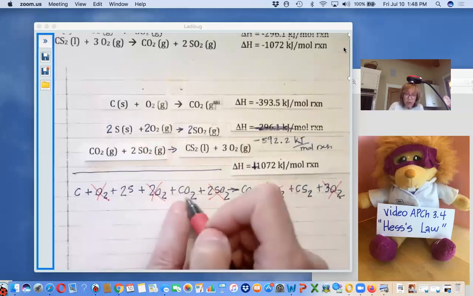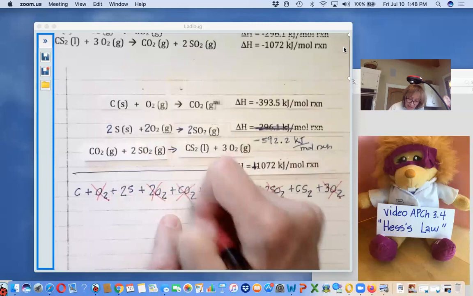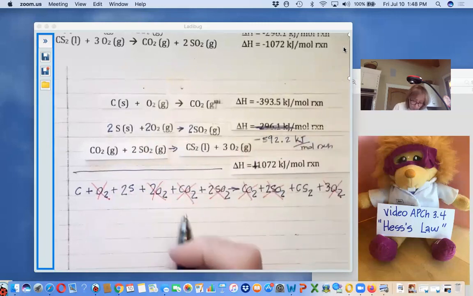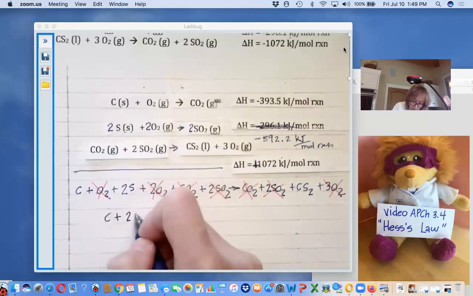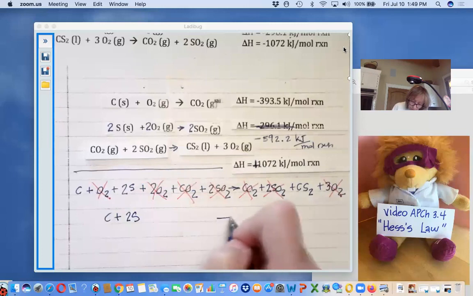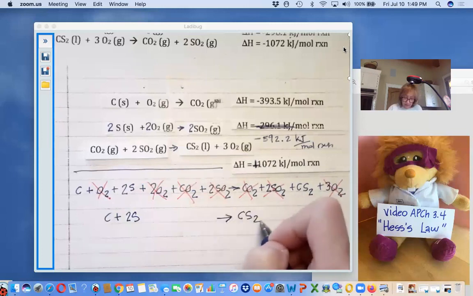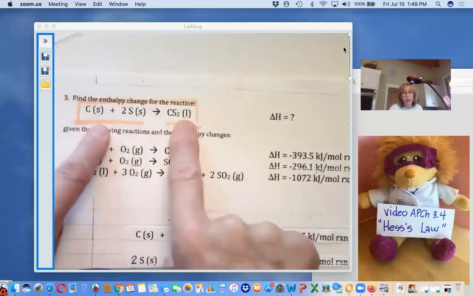I see CO2 on the reactant side, and I see CO2 on the product side. Subtract that from both sides. And that leaves me with carbon plus 2 sulfurs yields carbon disulfide. And that is my target equation.